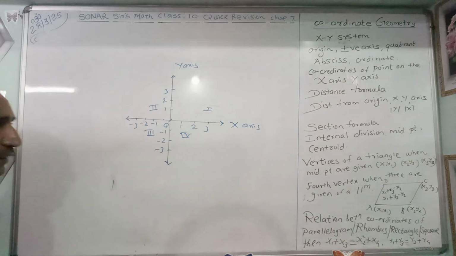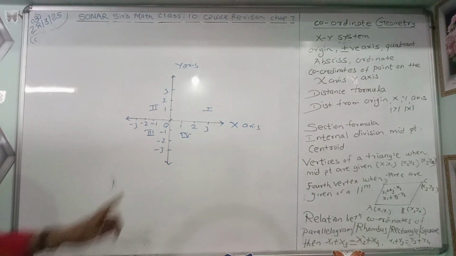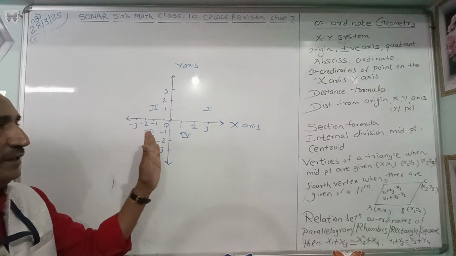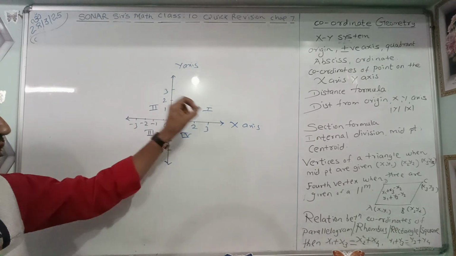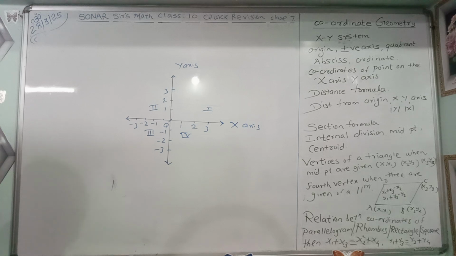In this way, the system which divides the plane into four parts is called the XY coordinate system.